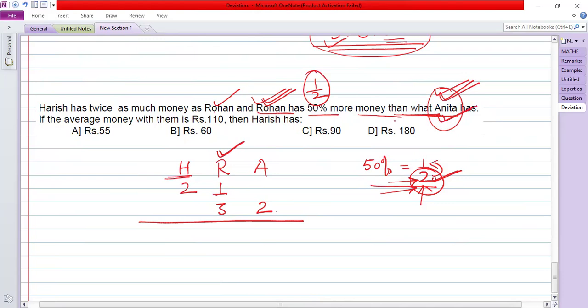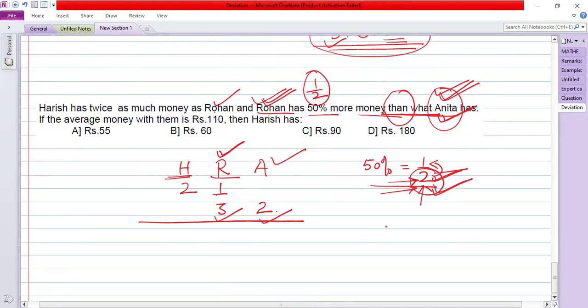In a rough sense, the denominator corresponds to whatever comes after "than". So if Anita has 2 units of money, then Rohan will have 3 units of money.